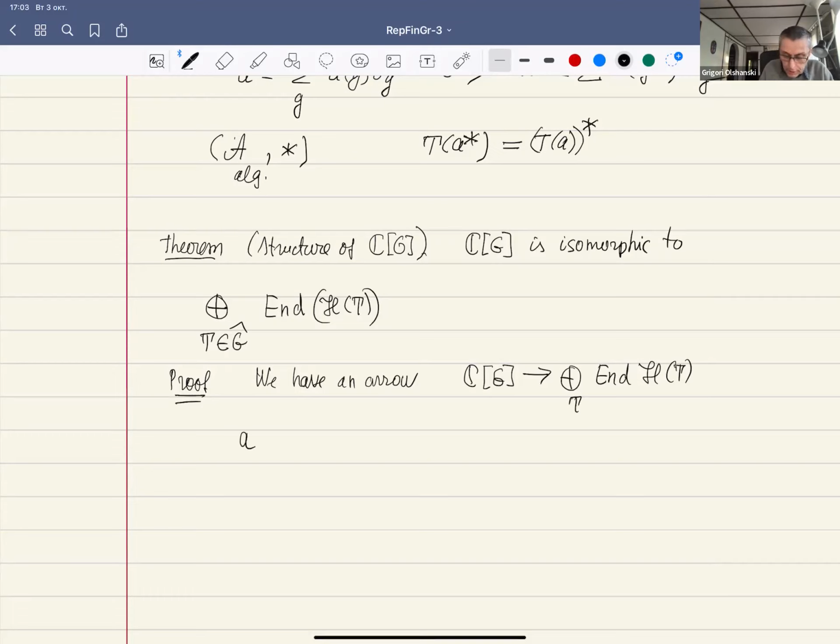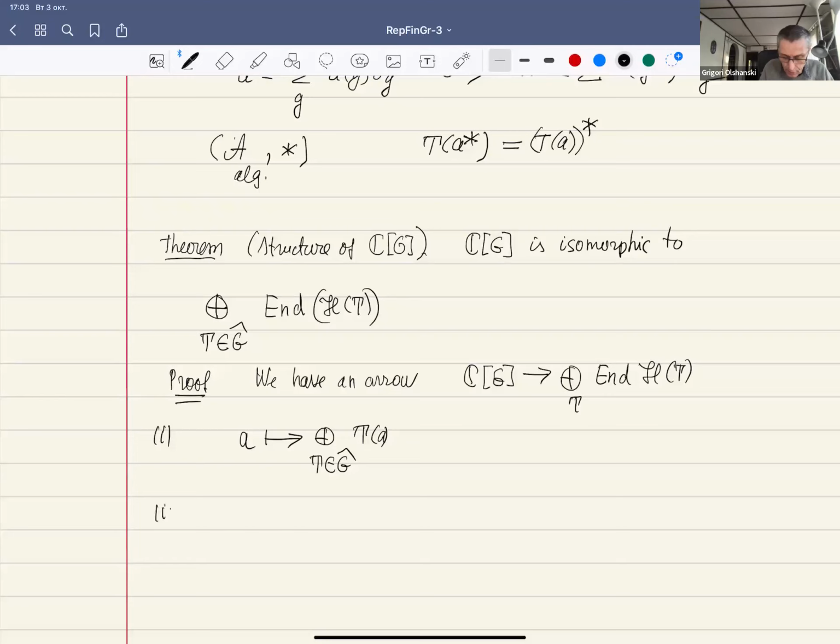Namely, given an element A, we assign to it the direct sum of its images. By the very definition of representation, this is an algebra morphism.